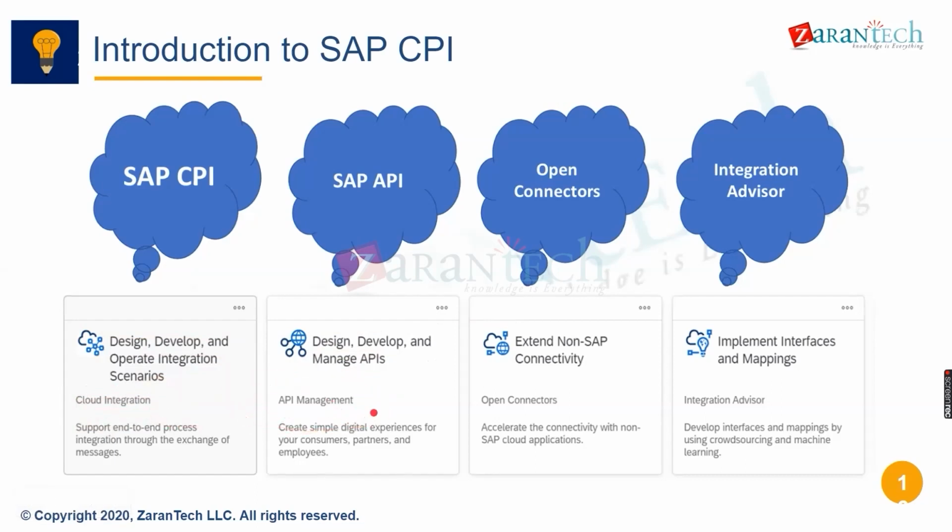Let's assume I'll give you a simple example of what exactly API Management is. Now you have your database, which is on-premise data, and you want to expose your data to third-party vendors. There are so many third-party vendors.